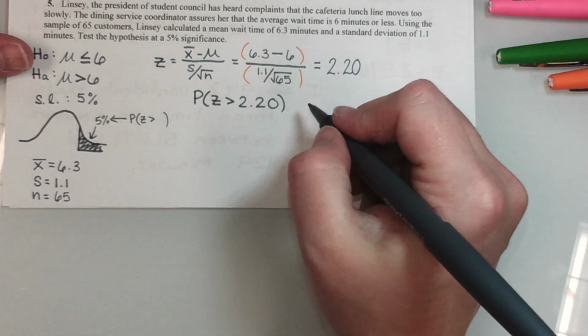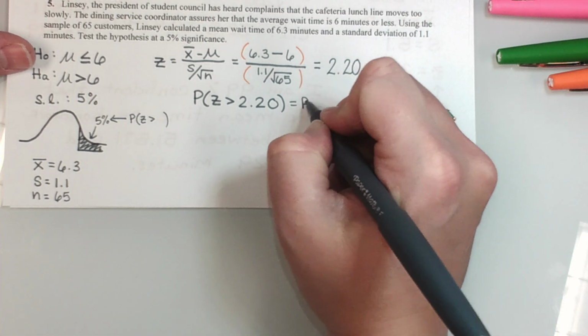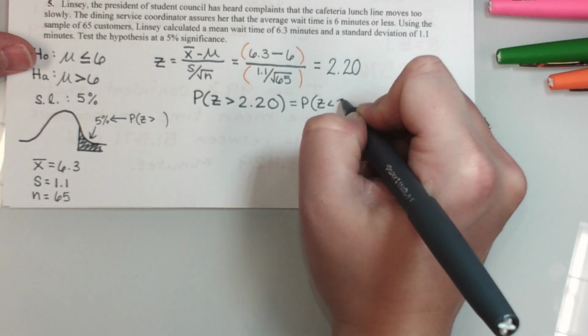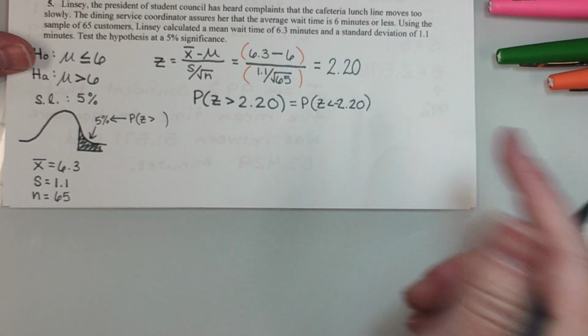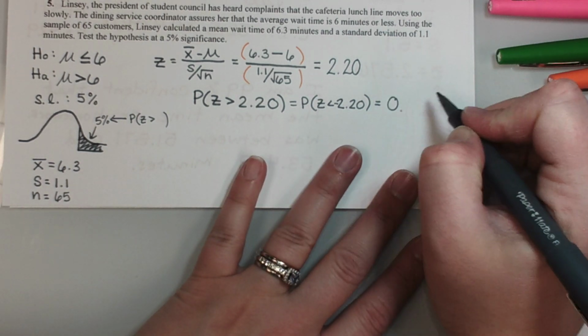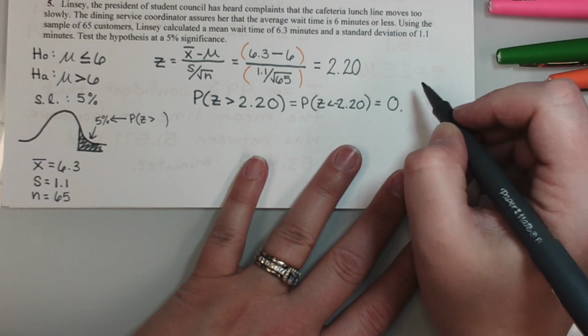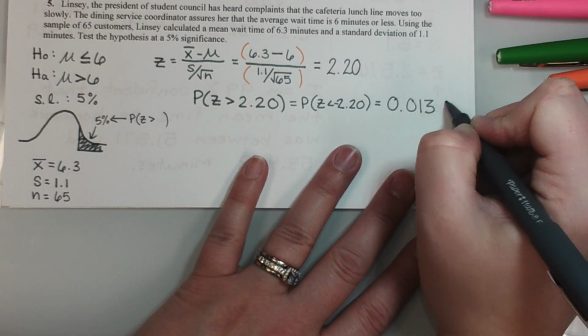Instead of looking at 2.20, I'm going to look at negative 2.20. You don't have to write that down, but that's where we're getting this from. Negative 2.20 gives 0.0139.